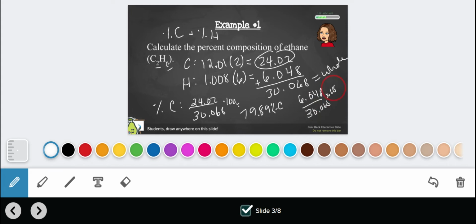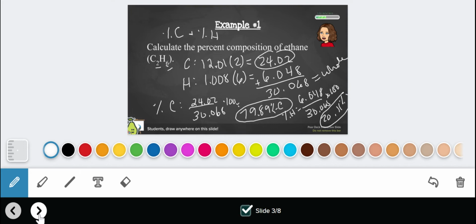And again, we would multiply by 100, and this is for our percent of hydrogen. And we get 20.11%. Right, so our percent composition would be 79.89% carbon and 20.11% hydrogen.